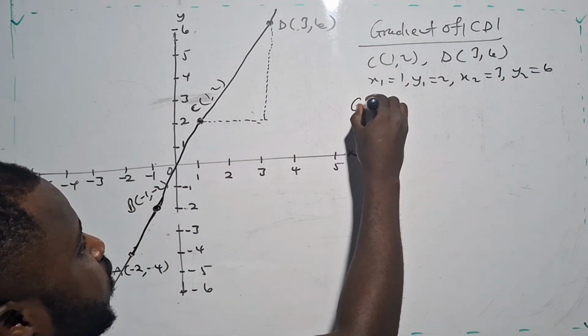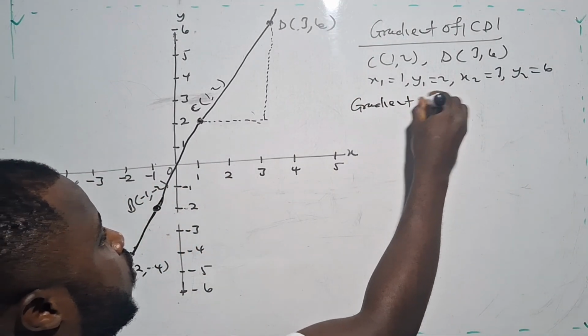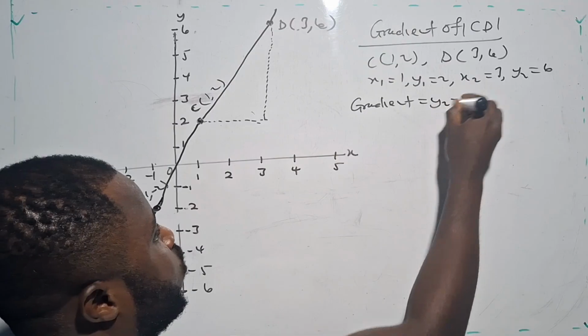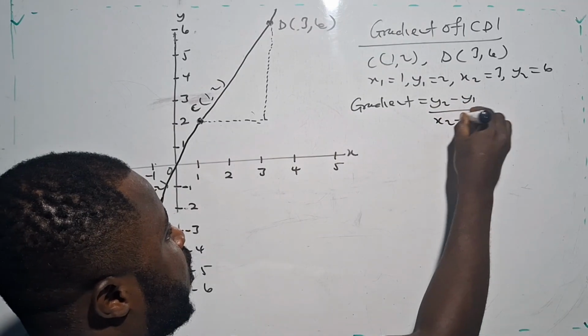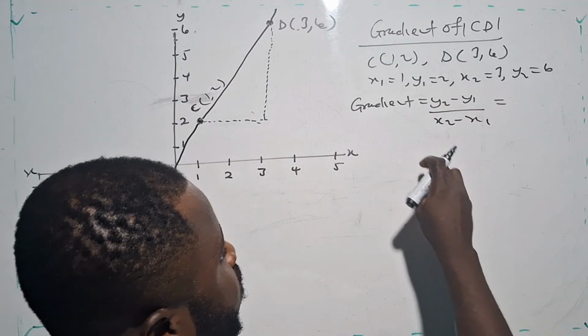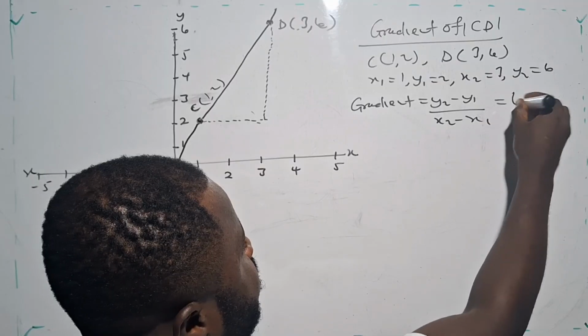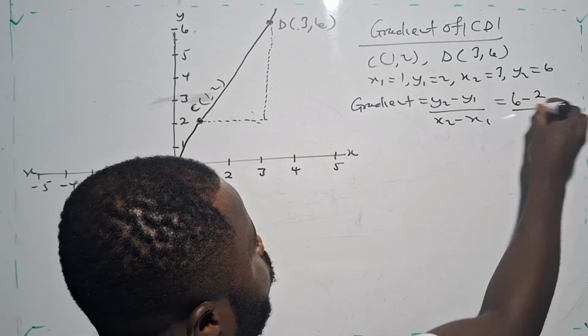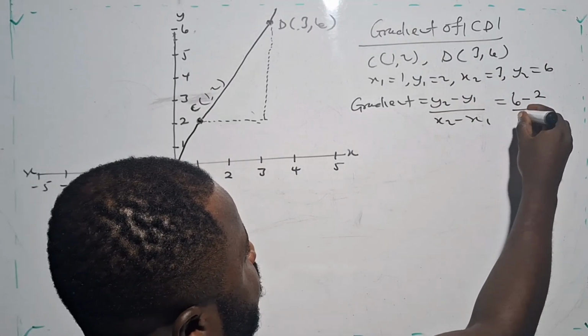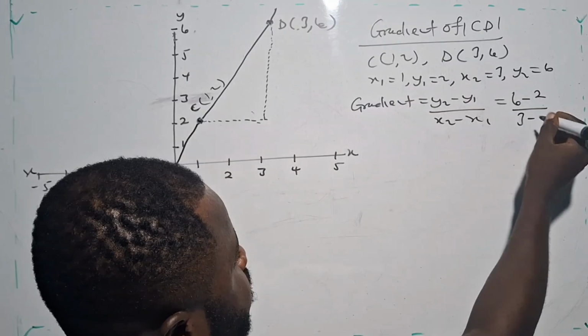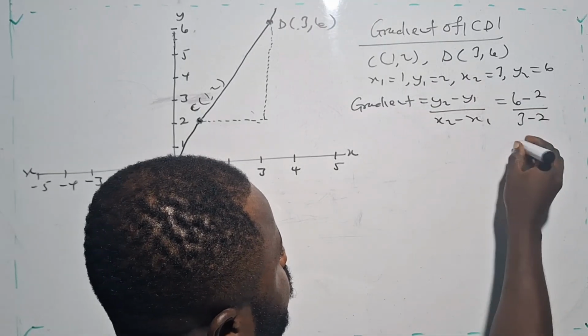Now my gradient is Y2 minus Y1 over X2 minus X1. Now the gradient: Y2 is 6 minus Y1, 2. Now X2 is 3 minus X1, 1.